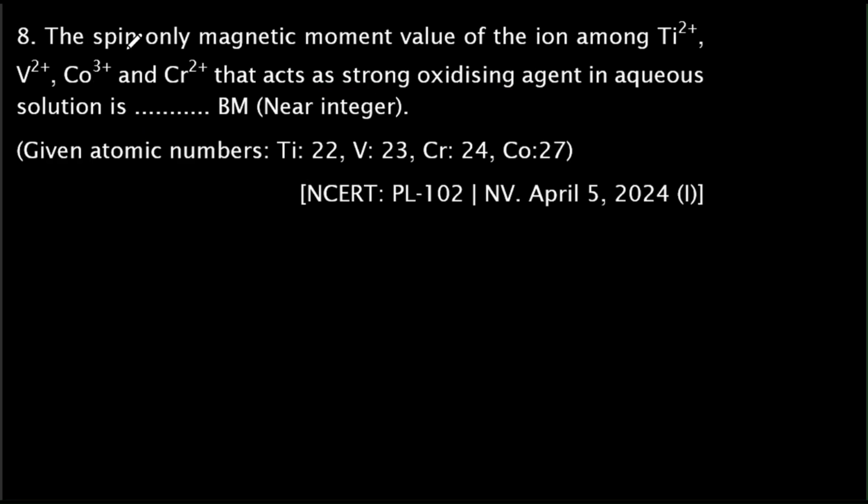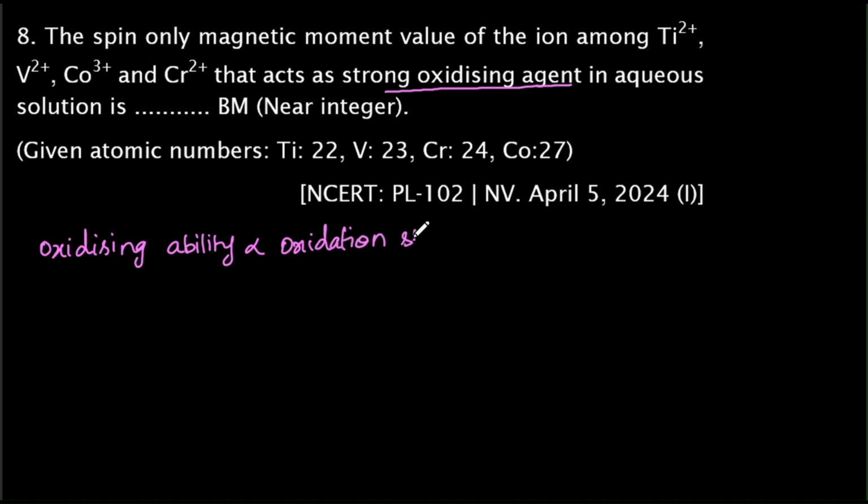The next question is the spin only magnetic moment value of the ion among Ti2+, V2+, Co3+ and Cr2+ that acts as strong oxidizing agent in aqueous solution. So in the previous question itself we saw that the oxidizing ability is directly proportional to the oxidation state.